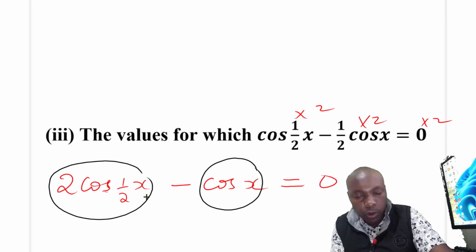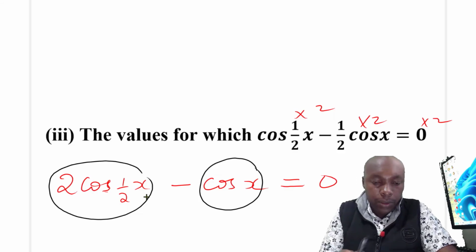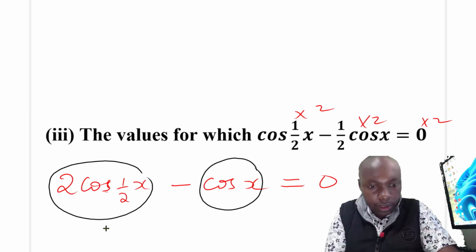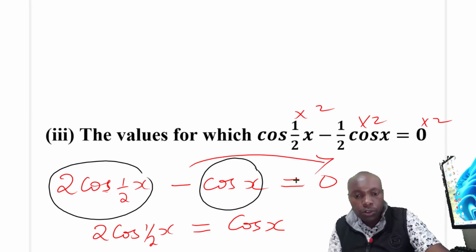By multiplying each time by 2, you will notice that 2 cos half x is the equation of one curve there, and then cos x is the equation of the other curve. So that was the purpose of multiplying by 2, in order to get those curves clearly. Now you can also take this one to the other side: 2 cos half x equals cos x. So how do you solve this?